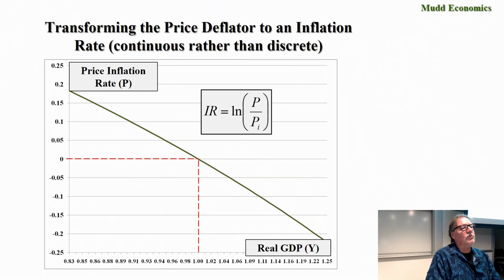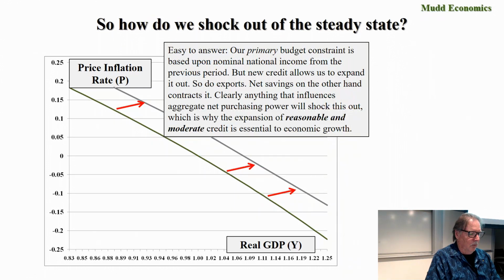So we shock our steady state with something that impacts the budget. So we have our model with its production function, which I have yet to explain, and its downward sloping demand function, which is simply an aggregation of the microeconomic demand function, summed up for everything. And there it sits. And so it is a comparative statics model. So in that model, what do we do to shock it?